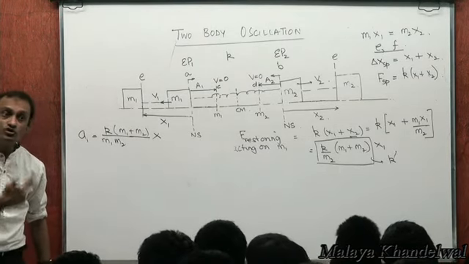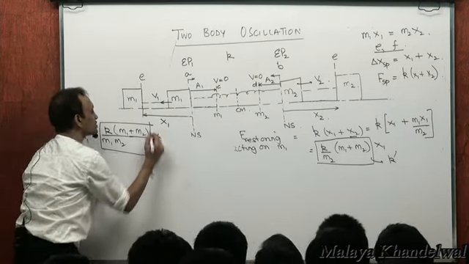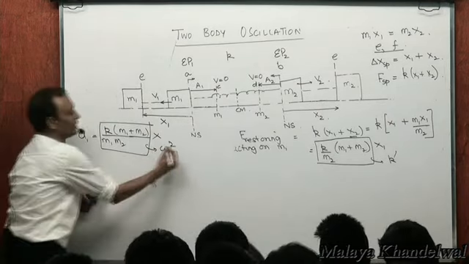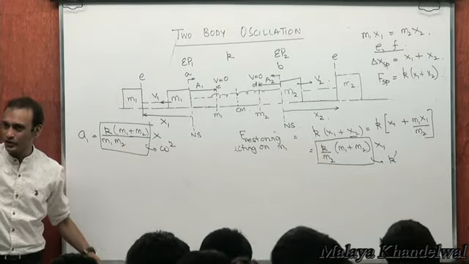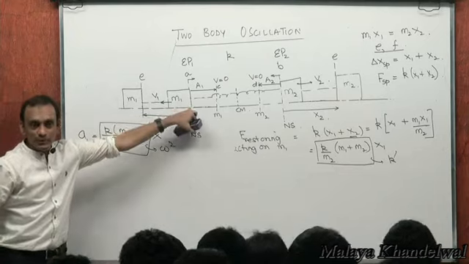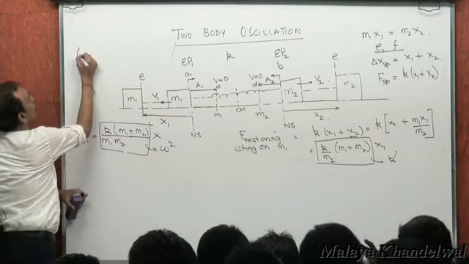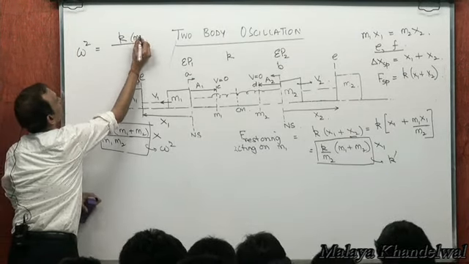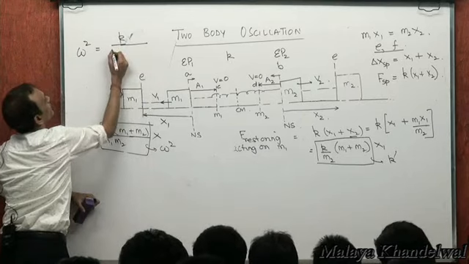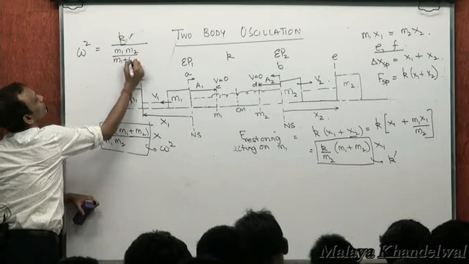Yes, therefore, this must be the omega square of the system, omega square for M1. M1 executes simple harmonic motion about this mean position with omega square being K by M1 M2 by M1 plus M2.